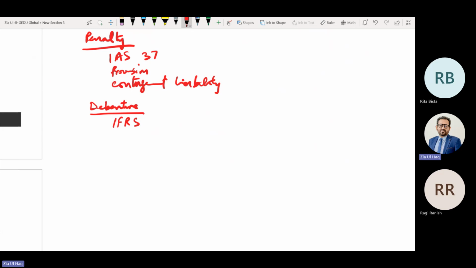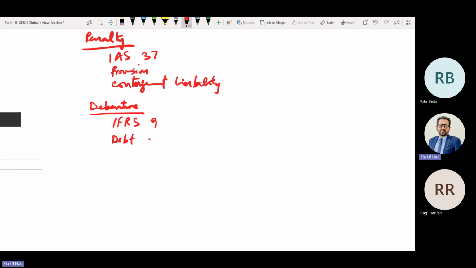In case of a debenture, the debt component and equity component should be separately classified because this is convertible. I mean, there is an option of converting into equity as well. So per IFRS 9, the debt component and equity component should be separately classified. And the debt component should be calculated based on the discounted at maturity method.